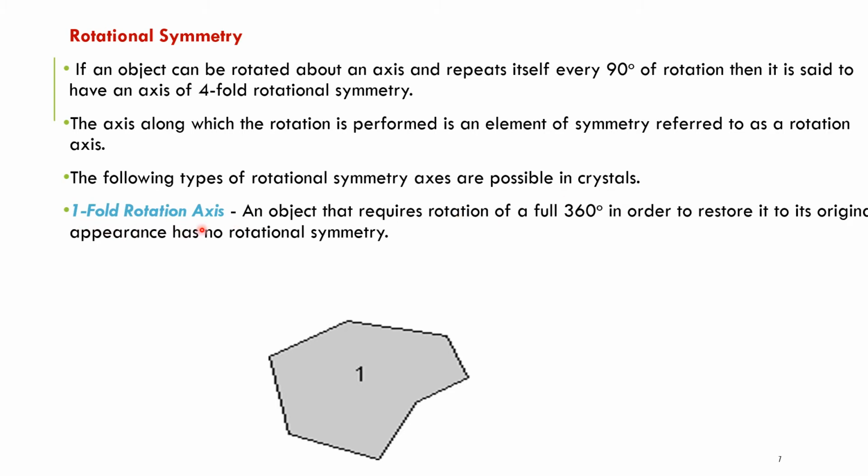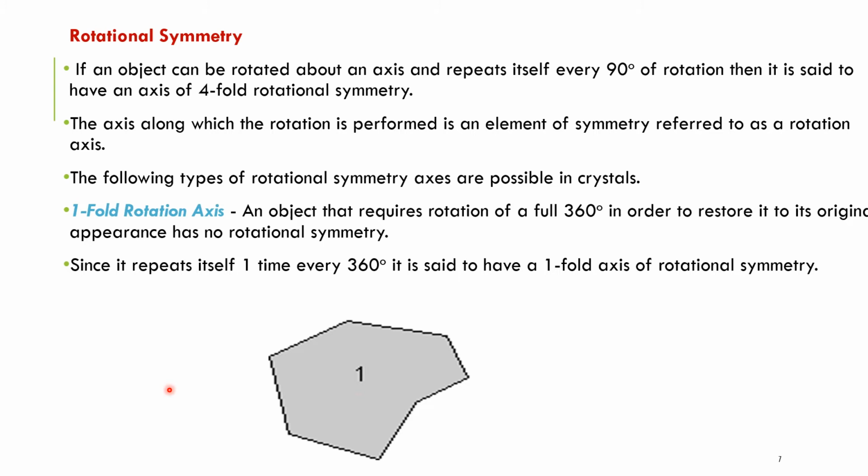One-fold rotation axis. An object that requires rotation of a full 360 degrees in order to restore it to its original appearance has no rotational symmetry. An example is this diagram. Since it repeats itself one time every 360 degrees, it is said to have a one-fold axis of rotational symmetry.